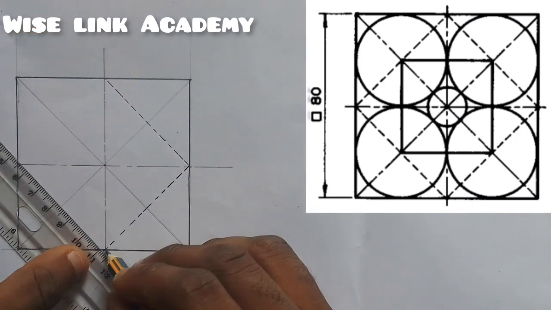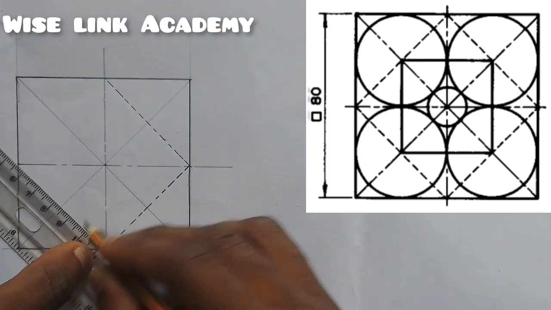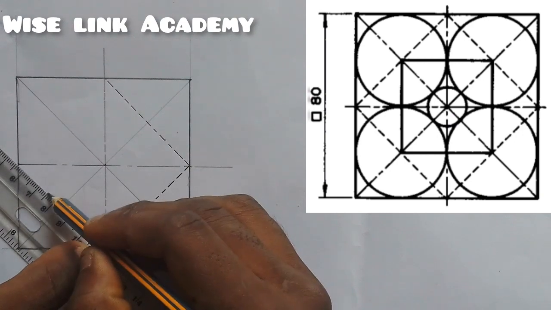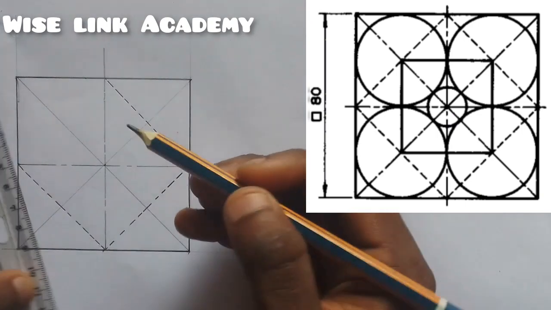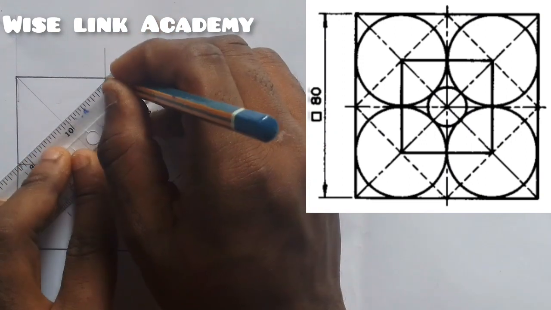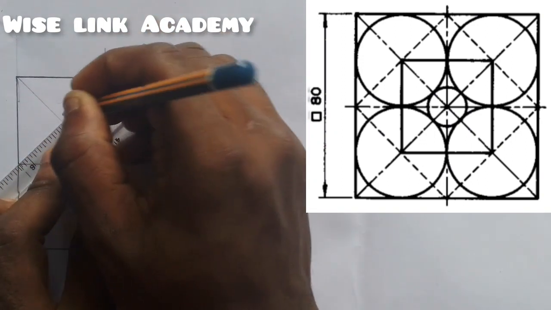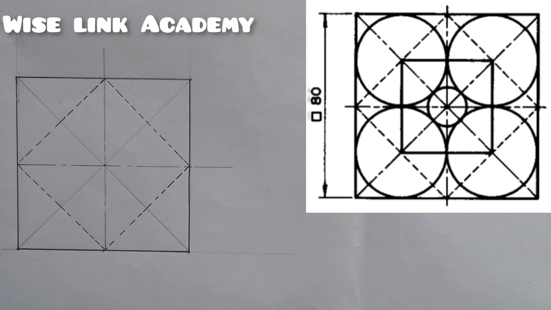I have this. I have this. So similarly, this part too. So I have this, right?